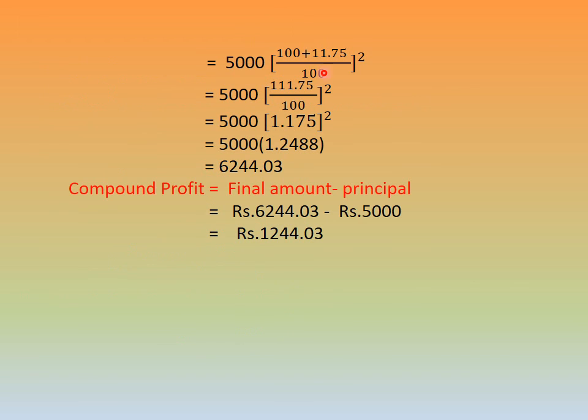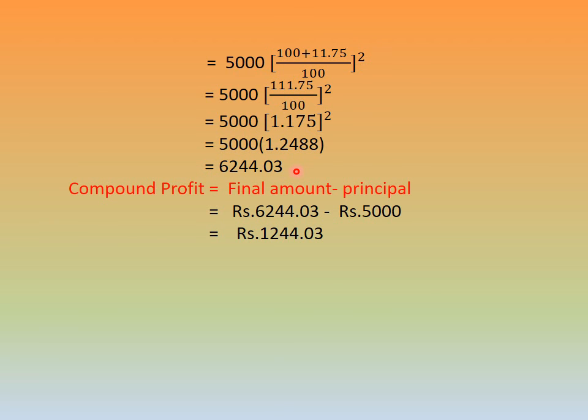After simplification, 100 plus 11.75 over 100, by dividing 11.75 with 100, you will get 1.175 whole square. Take its square, multiply 5,000 with this, and you will get 6244.03. This is your final amount.